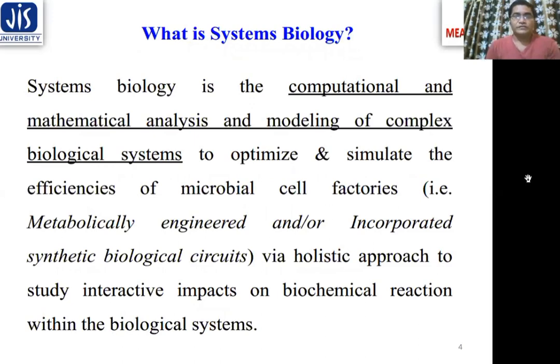Now, this is a very interesting scenario, like systems biology. When you consider metabolic engineering and synthetic biology, that will allow you to make a model, and that will be called systems biology.